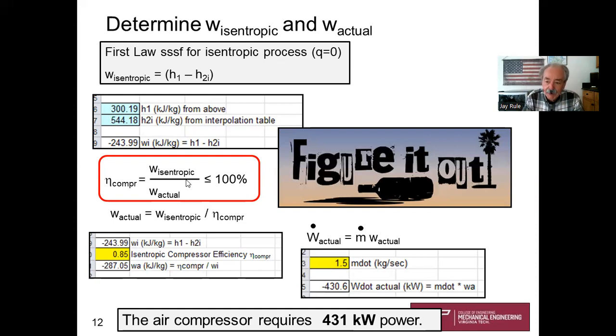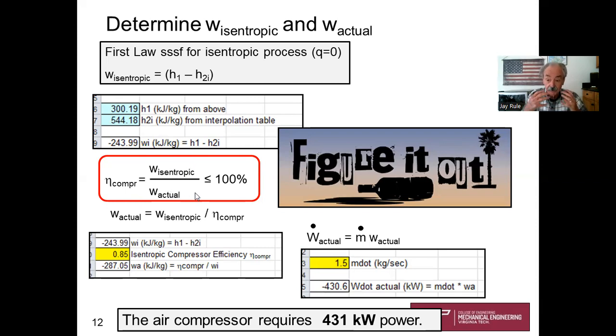Which would take more power to drive a compressor: one that is adiabatic and irreversible, or one that is adiabatic and reversible? Common sense says it would take less power for the reversible and adiabatic. So you've got more power in the denominator, less power in the numerator. You can figure out compressor efficiency is W isentropic over W actual.